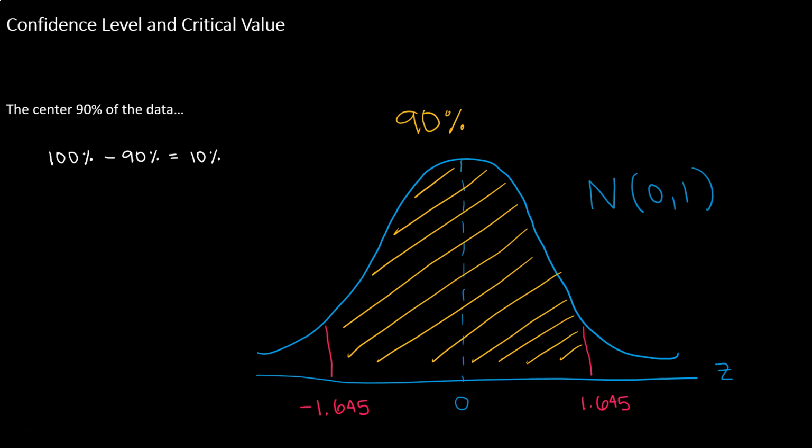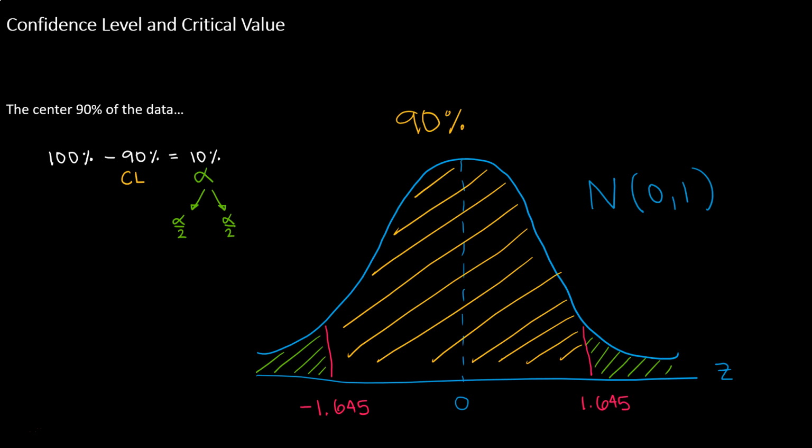So 100% minus your confidence level gives you what we call an alpha, and that alpha makes up the area in the two tails. In this case, we can just split alpha into two to see that each tail contains 5% of the area. So a 90% confidence level is associated with a 10% alpha, or rather a 5% area in one tail.